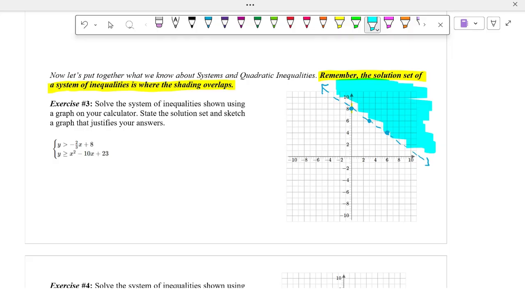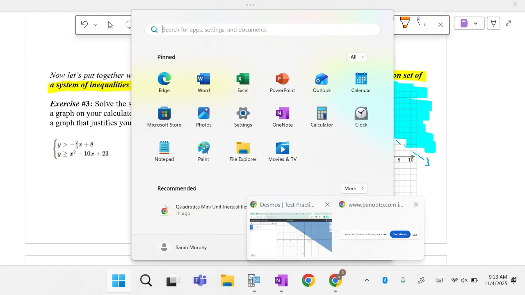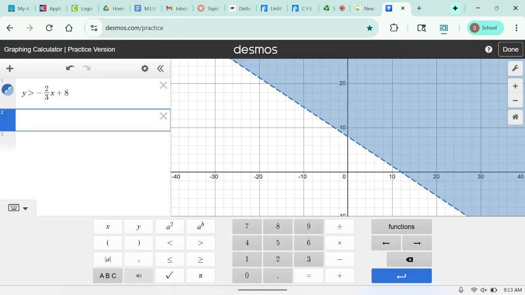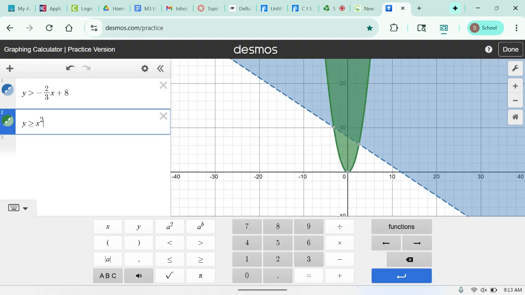All right. The other one is right here. So that'll be y is greater than or equal to x squared minus 10x plus 23. So first off, I want to mark all the points of intersection.